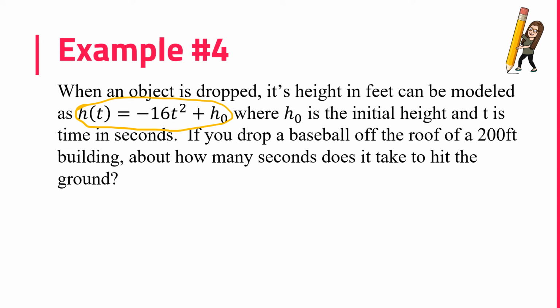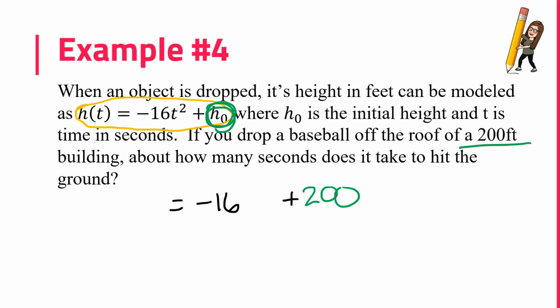T is time in seconds. All right. If you drop a baseball off the roof of a 200-foot building, 200 foot, that's my original height. That's my H sub 0. So I'm going to fill that in first. So 200. We're going to keep the plus sign, got the negative 16, got the equals.